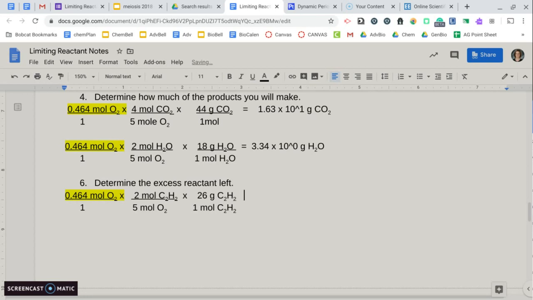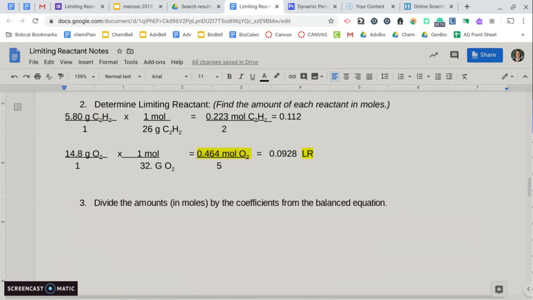This, remember, is going to tell me how much I'm using. And then I have to go back to the problem and subtract the number that they gave me. When I plug this in, I got 4.83. And then if I go back up here, I think it was 5 point something.